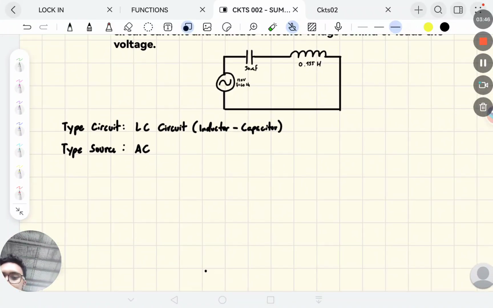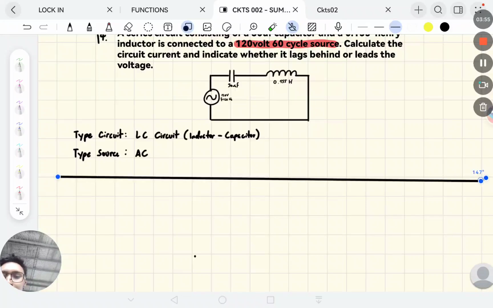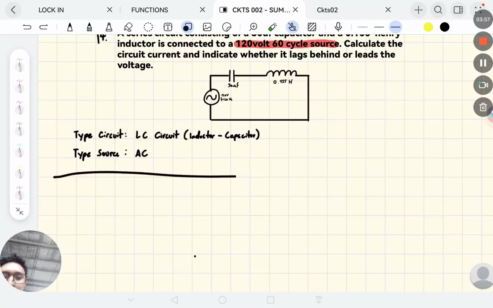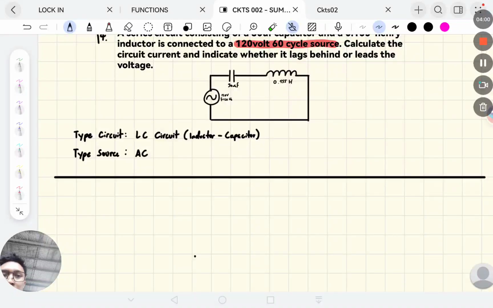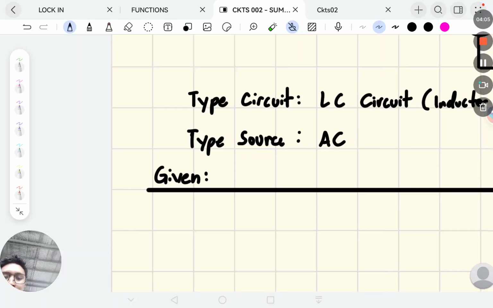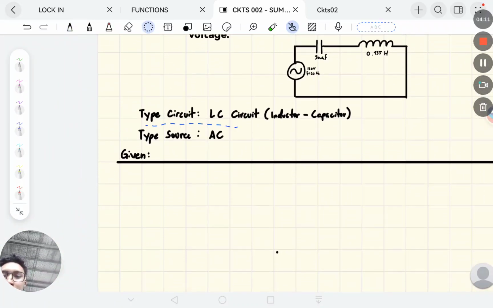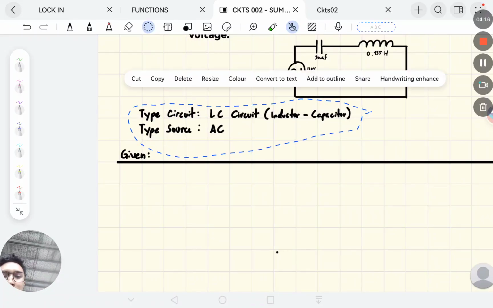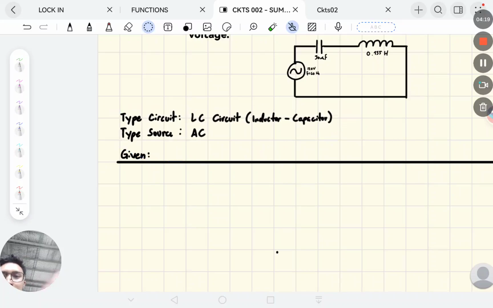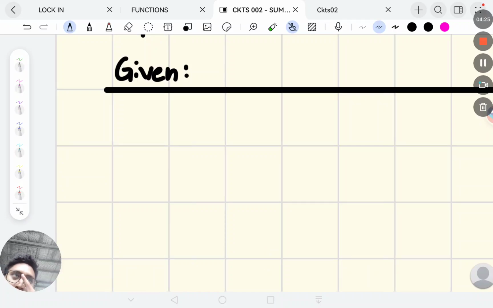Okay, what do we do next? Ngayon na-figure out natin kung ang type of circuit and type of source. Next is we will go ahead and list down the given. So ito yung mga format na pina-follow ko, by the way. Subjective naman ito. Okay, next is list down natin yung mga variables or yung given.